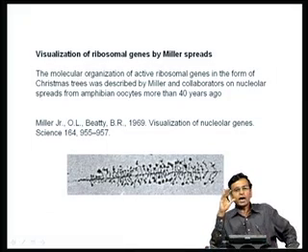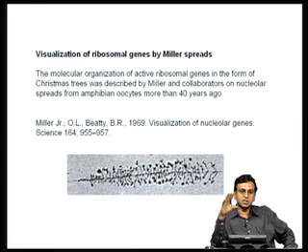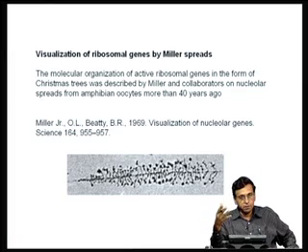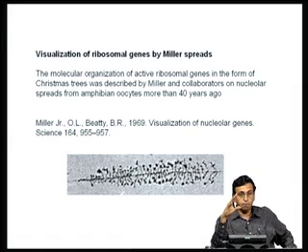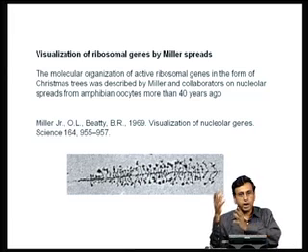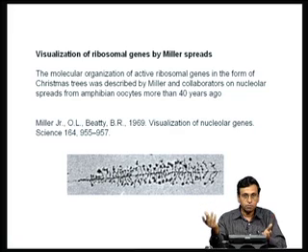So, what I have done in this class is to describe in detail the organization of ribosomal DNA genes, the mechanism by which ribosomal DNA genes are transcribed, as well as the regulation of ribosomal DNA transcription. And I made it a point to emphasize that ribosomal DNA transcription plays a very important role, because unless there are ribosomes, cells cannot make proteins.